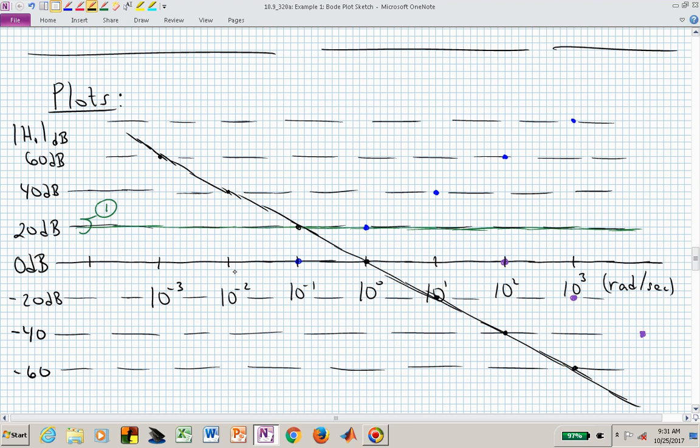At 0.01, it's going to be at 40 dB. And that's now what we have for the individual component of the pole at the origin, its magnitude. It now contributes this sloping line. This is now individual term 2.